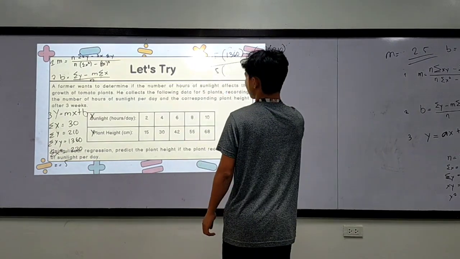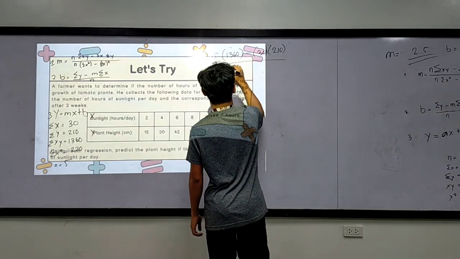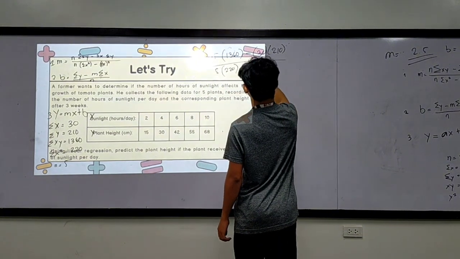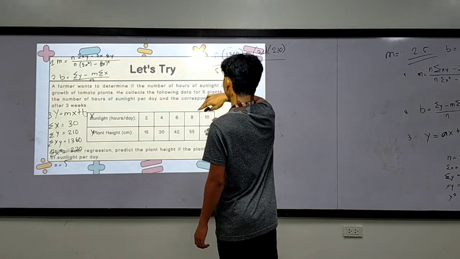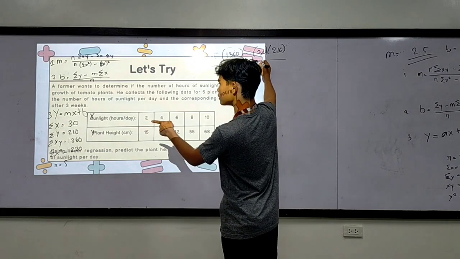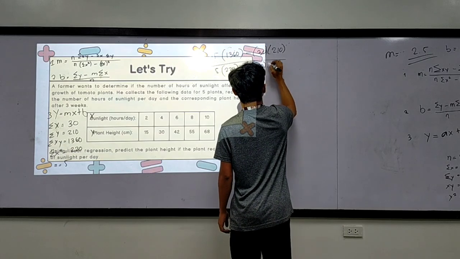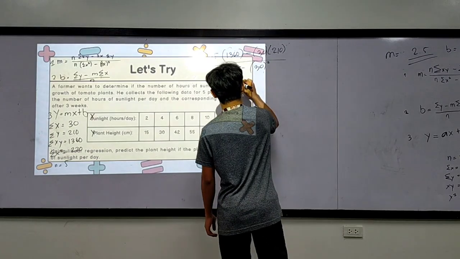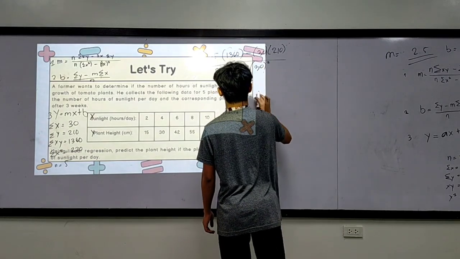Then the sum of x squared, 220, minus the sum of x, 30, squared. The outcome of this is going to be 2.5.